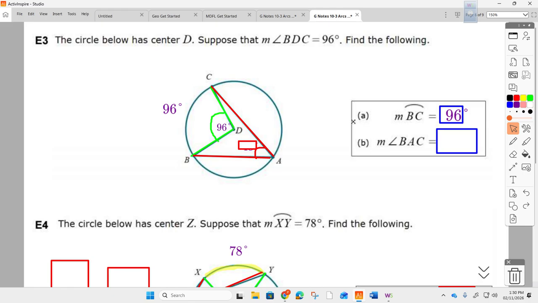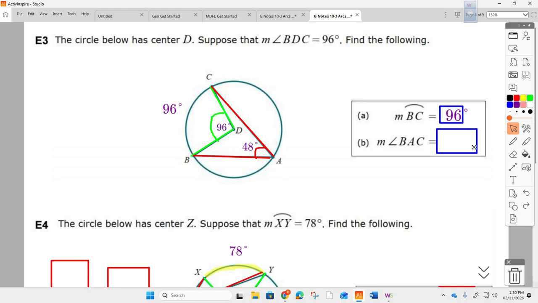What's the measure of angle BAC? 48. How'd you get 48, Sherrod? I divided it by 2. Yes, that's exactly what we're going to do. So if they give us the arc, we divide by 2 to get the inscribed angle. If they give us the inscribed angle, we multiply by 2 to get the arc, right? All right, so let's try not to blurt it out next time, though. Okay, Sherrod? I want you to raise your hand to respond, okay?